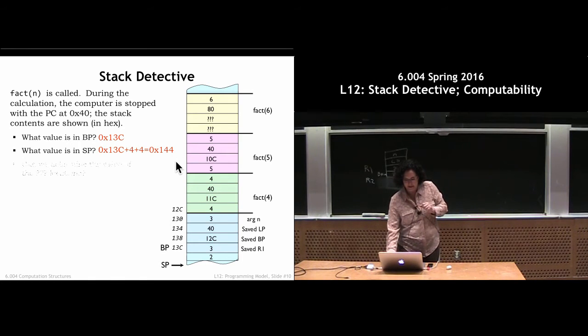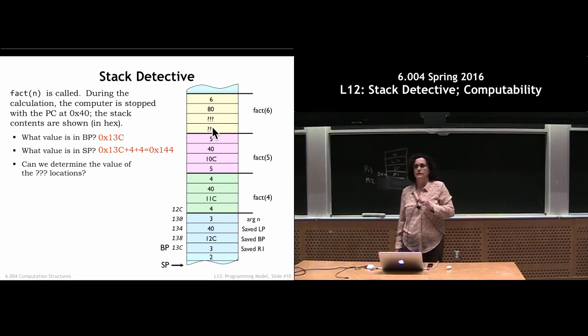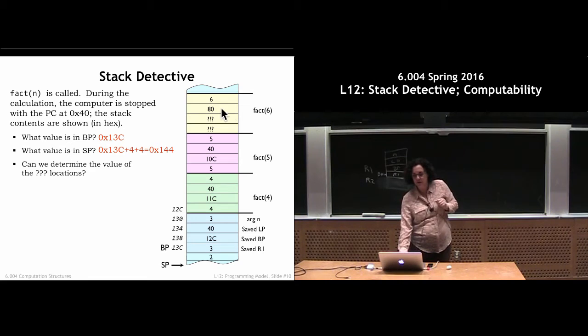All right, and finally, if I was to ask you, can you determine the value of these locations? Any ideas whether we can or not? I see no's, so why no? You don't know where the original factorial is called from? Mm-hmm. Correct. So this corresponds to our initial activation record.